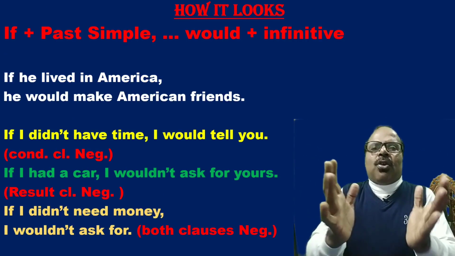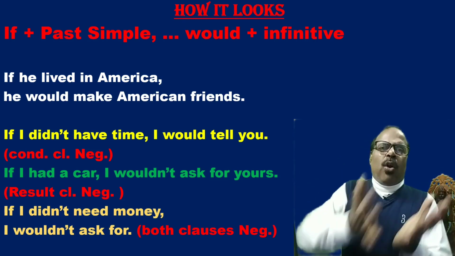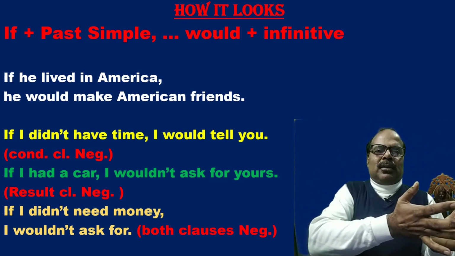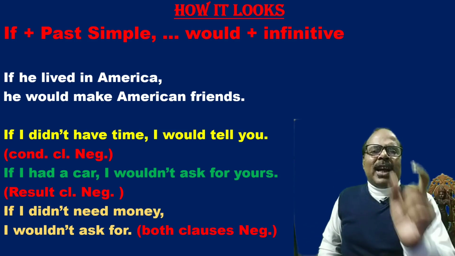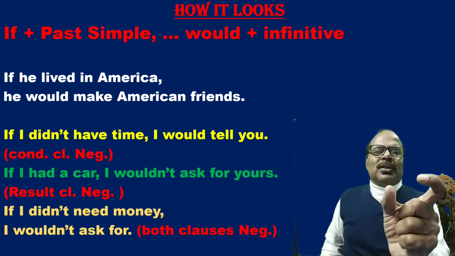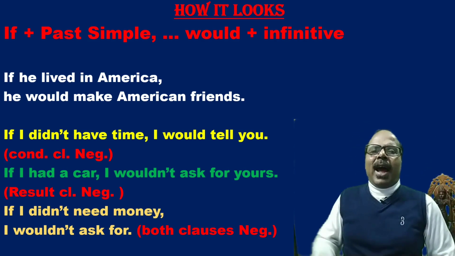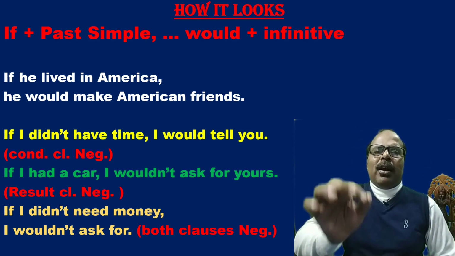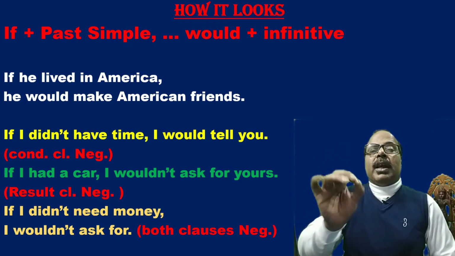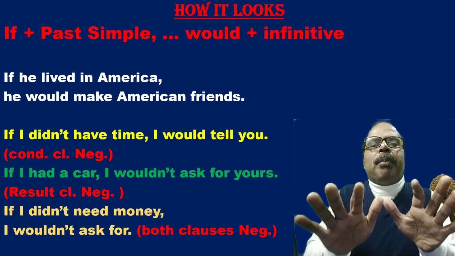That means, what is the structure? In all the examples, you have seen that in the conditional clause, at first an if is used, and if is followed by the verb in the simple past form.